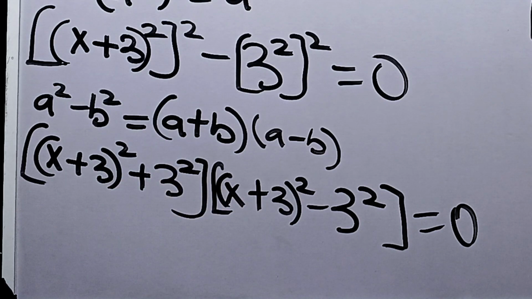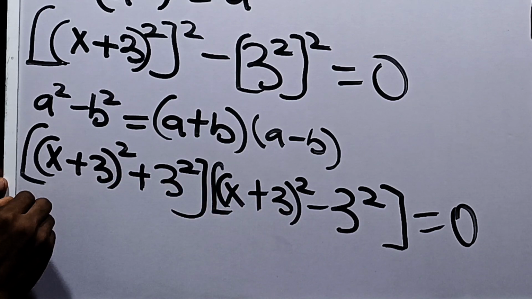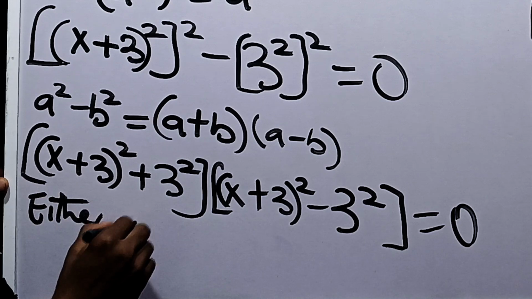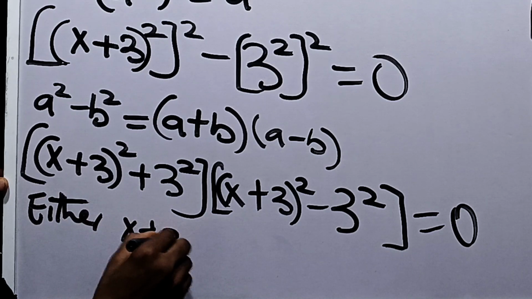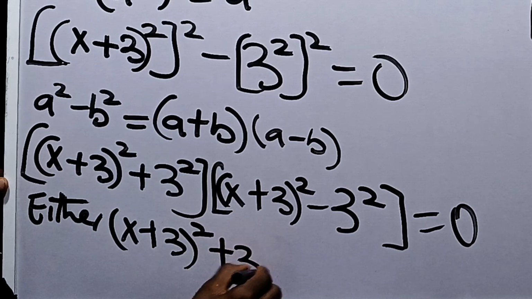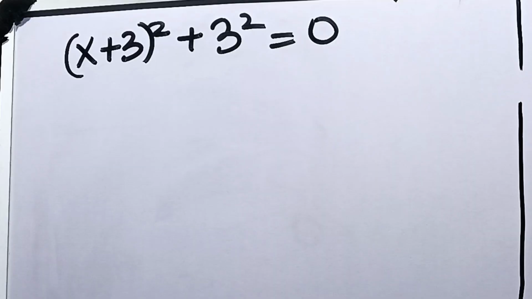Now you can say that when the product of things is equal to 0, it's either the first one is equal to 0 or the second one is equal to 0. So it's either that (x + 3)^2 + 3^2 = 0, okay? Then this follows the law of the sum of two squares. And what does the law of the sum of two squares state?